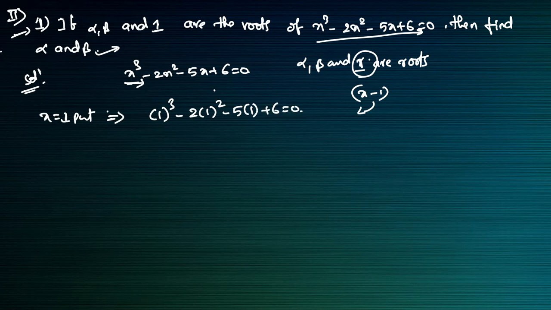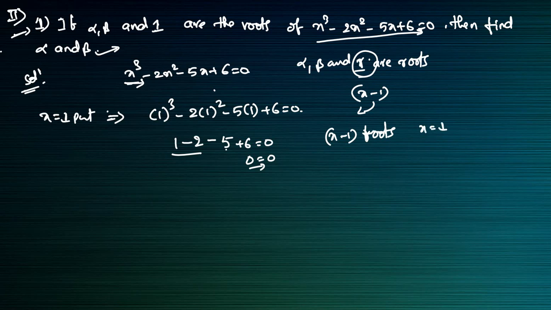That is 1 minus 2 minus 5 plus 6, which is minus 1 minus 6 plus 6, so 0 is equal to 0. So x minus 1 is a factor, or x is equal to 1 is a root of the given equation.